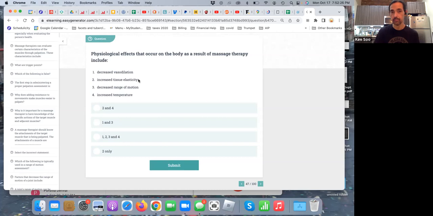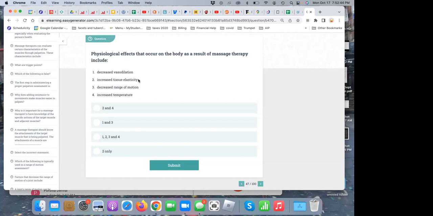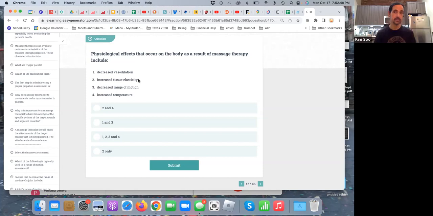Elasticity, which is part of flexibility for soft tissues and also synonymous with suppleness of soft tissues. Increased tissue elasticity. Is that something that should happen with massage therapy? Yes, definitely.